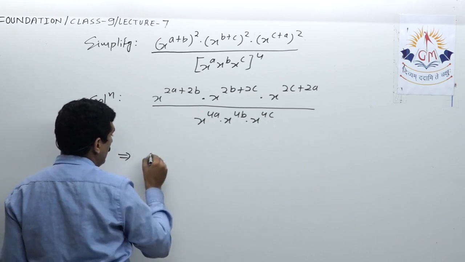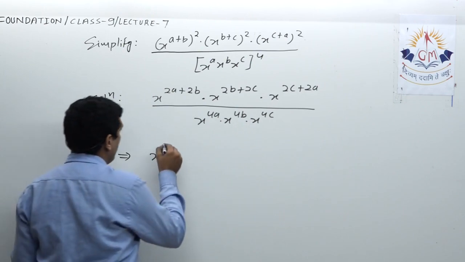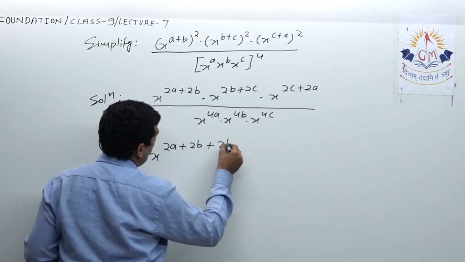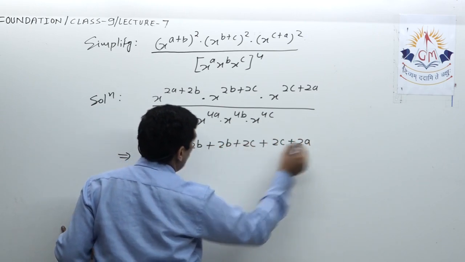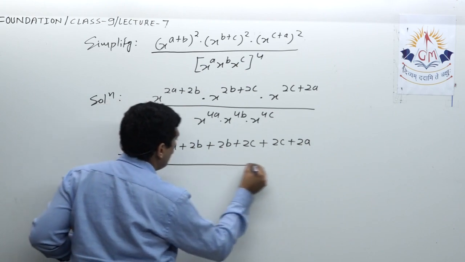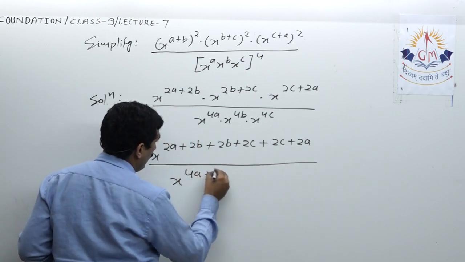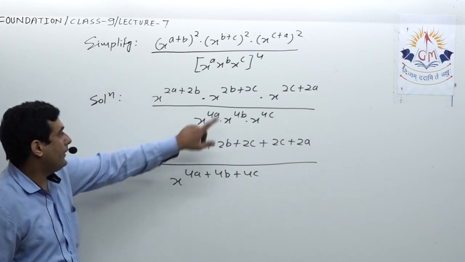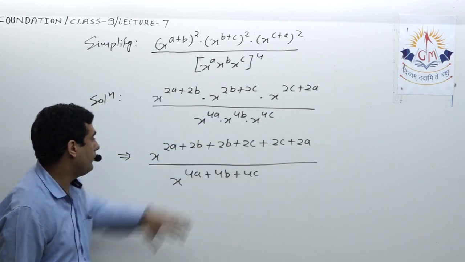Now over here, as the bases are the same, I can add the powers. So x raised to 2a plus 2b plus 2b plus 2c plus 2c plus 2a, divided by x raised to 4a plus 4b plus 4c. Same thing that I applied in the numerator, I applied in the denominator, the product law.